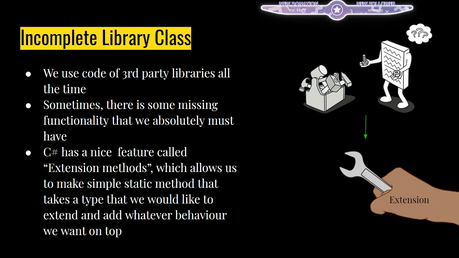Option B is to just wrap the library class in an adapter. An adapter basically allows you to provide that class any interface you want, and with that expose any functionality you want.